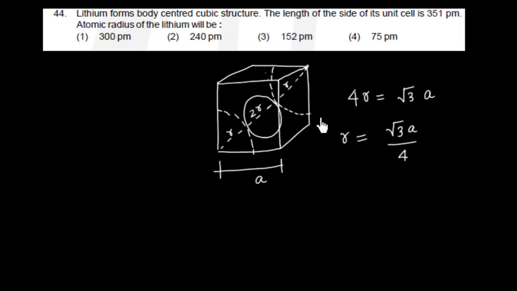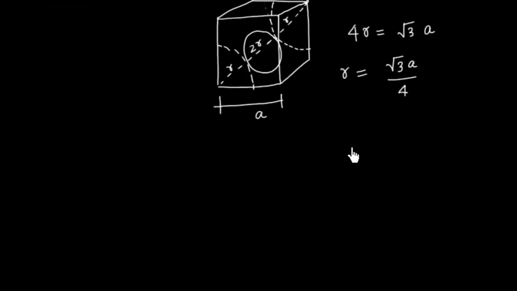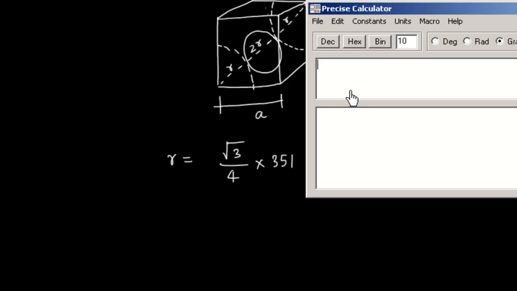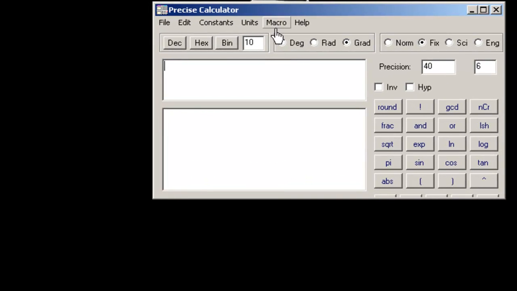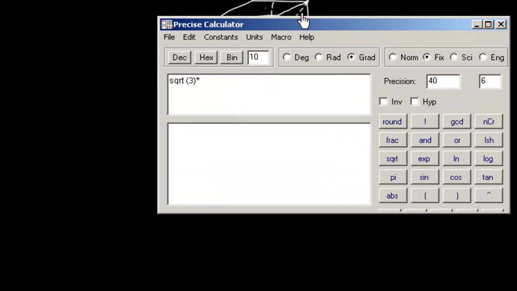Now if I plug in the value of a, that is 351 picometer, r is basically equal to root 3 by 4 into 351 picometer. I can do this calculation using my calculator: square root of 3 multiplied by 351, divided by 4.